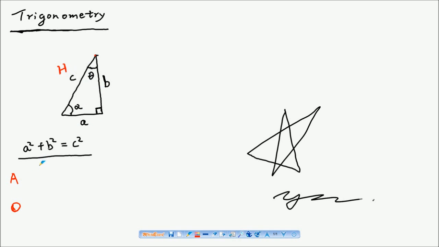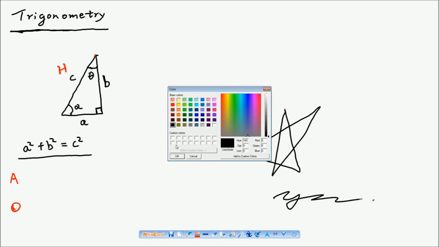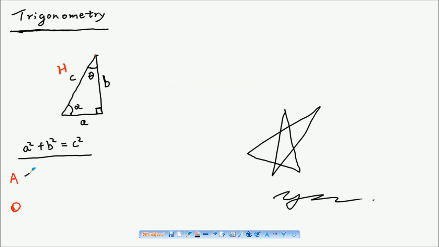So the adjacent of angle alpha is the side A. Adjacent is always the line next to the hypotenuse and the angle.